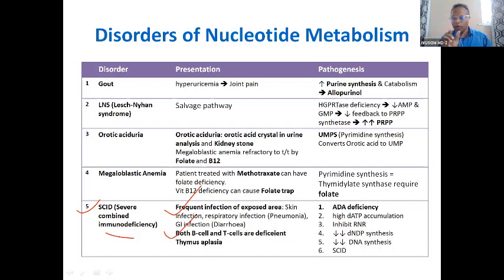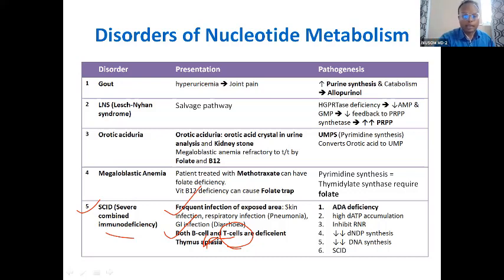These are the bold-letter clues you will find in the question: frequent infection in exposed areas, lungs, skin, and GI, and both B and T cells deficient. T cells mature in the thymus, so the thymus will be small because T cells are not formed there.